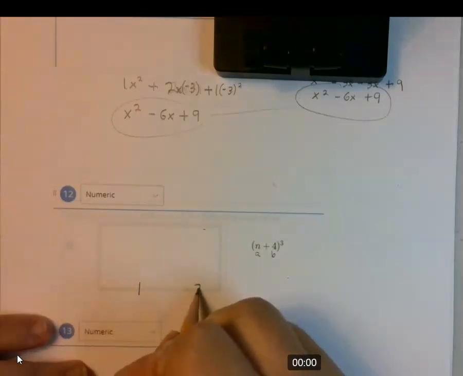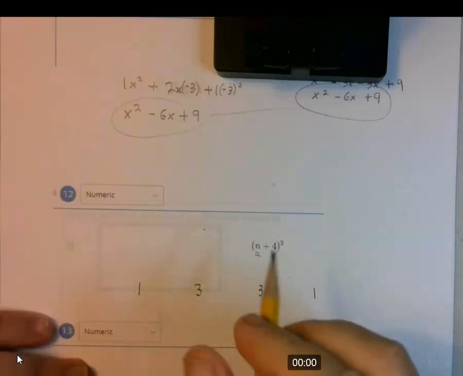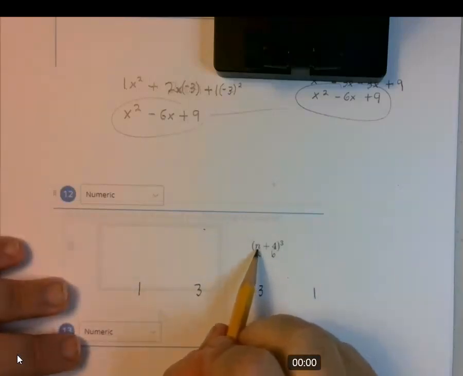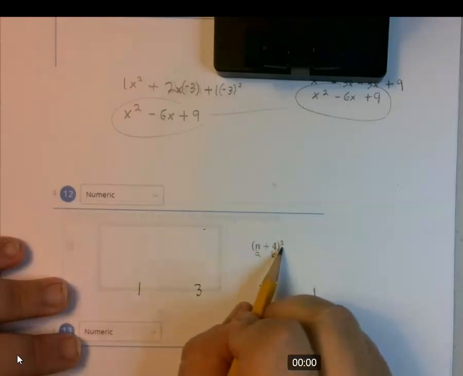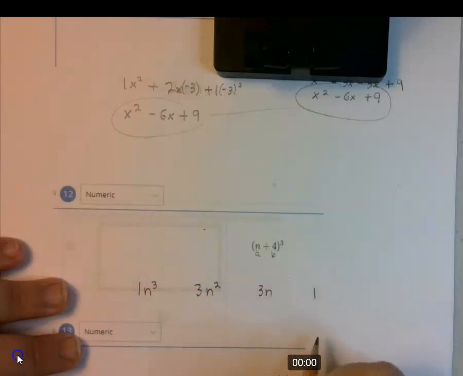1, 3, 3, 1. Okay, and then we start off with n. That's our a. And it's going to be to that power. And n to the 0. Now we're going to start out with b at this end.